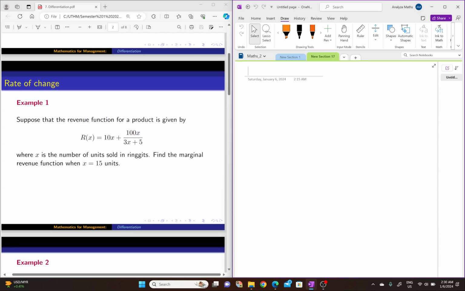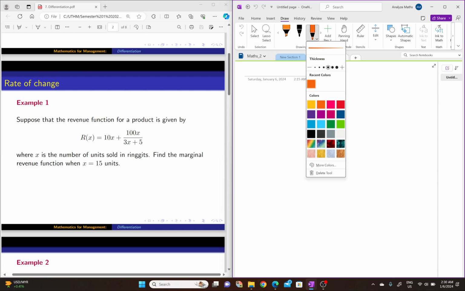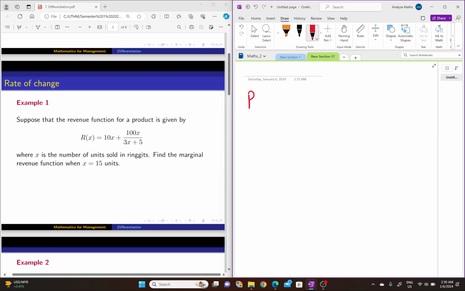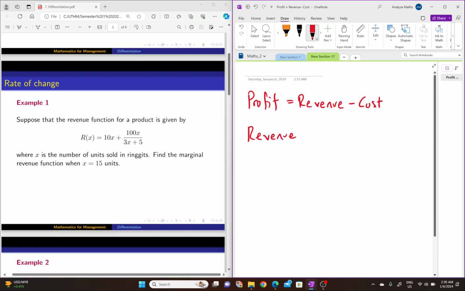Alright, before we start with the rate of change, there are some formulas I need to write here. I suppose you guys know this. Profit equals revenue minus cost, and then revenue is equal to quantity multiply price.